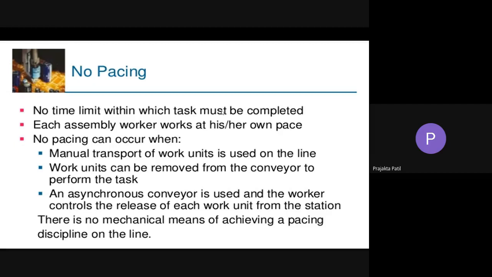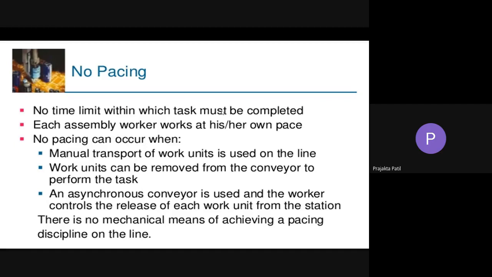Whenever you have manual work transport on the line, you can move the work parts as and when you want. You do not have to rely on any mechanized work part transport systems. Because of this, you can take your own time to move the parts from one station to another. So no pacing can be achieved by having manual work part transport on the line.